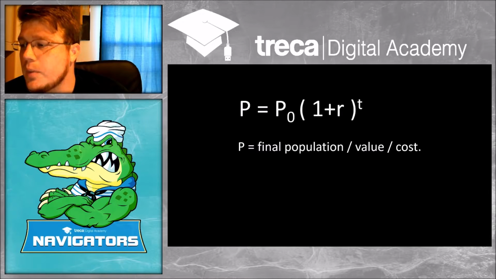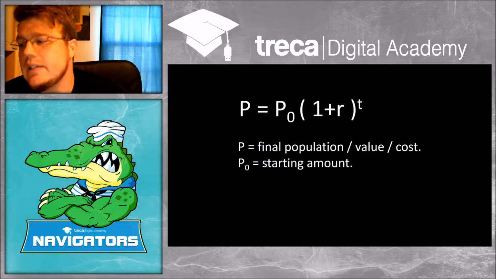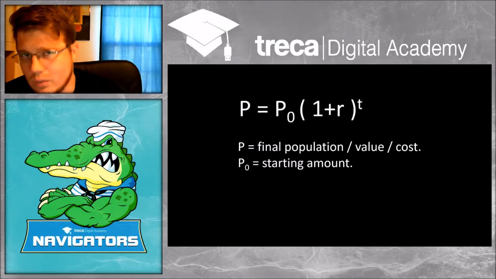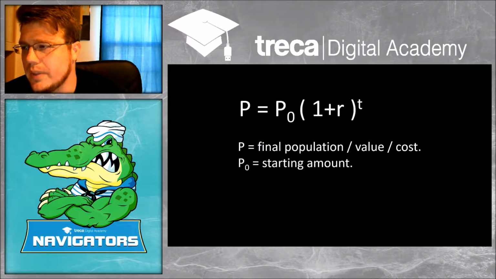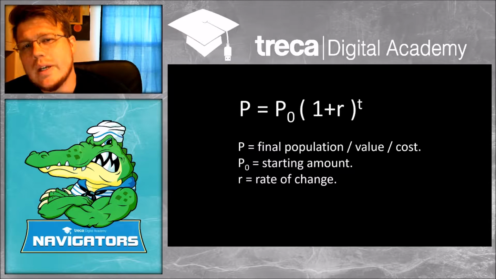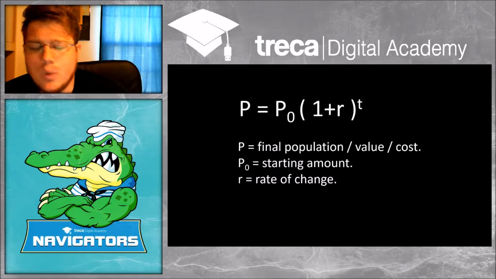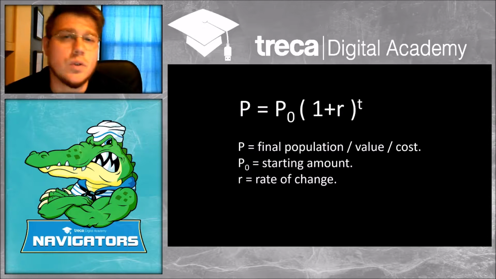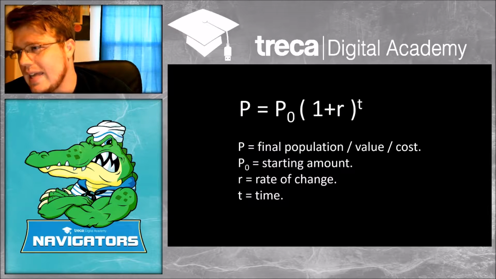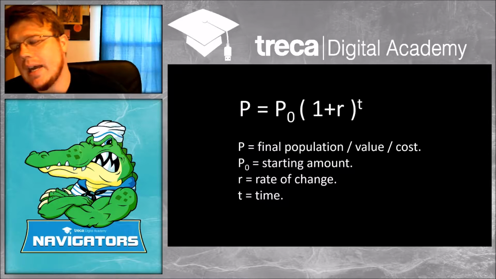So P is the final answer at a particular time. P sub 0 is the starting amount, the starting rent, the starting population, whatever your beginning amount is. r is the rate of change, so for us it would be 0.05 because that's the decimal form of 5%. And t is the amount of time that has passed.